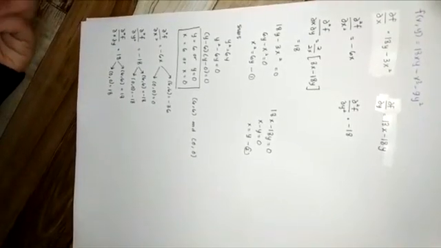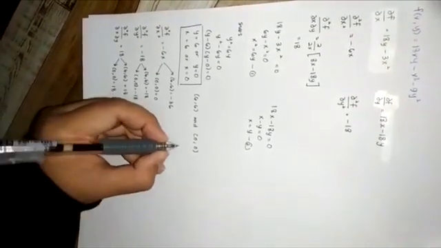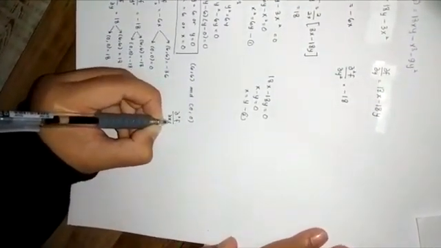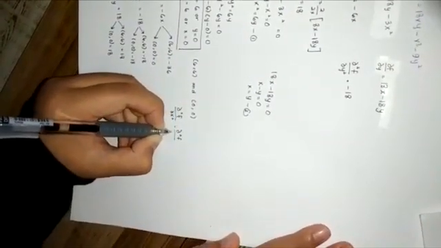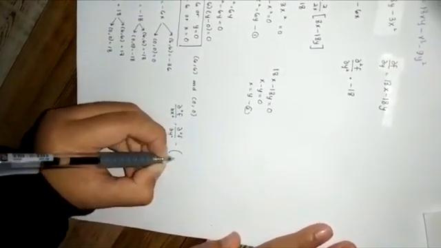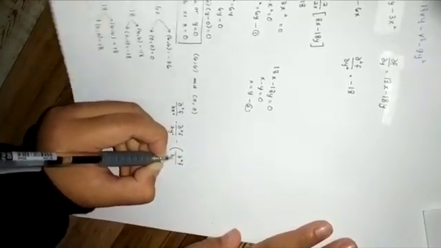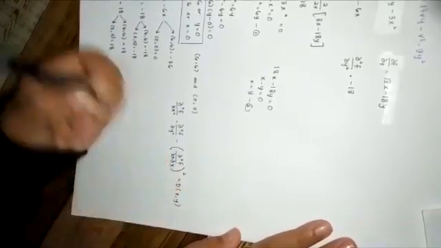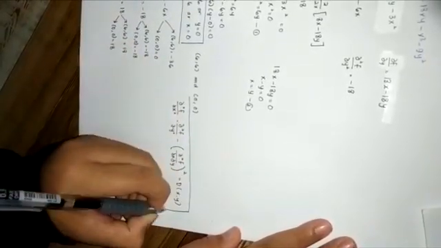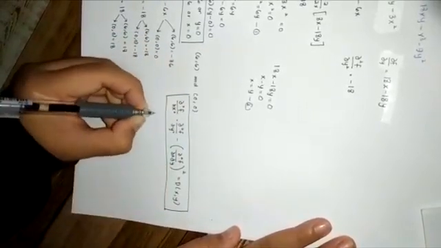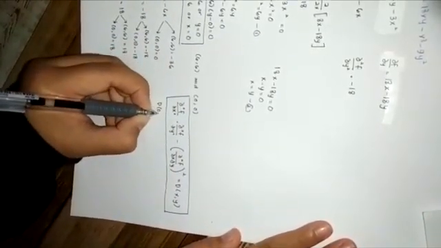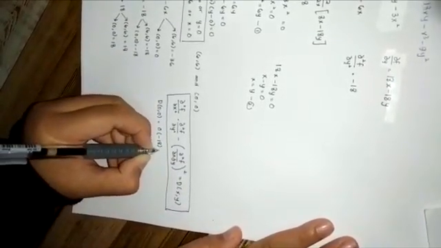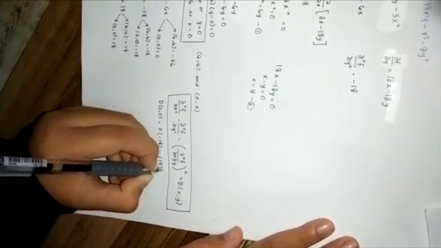To find the local extremum, we need to find the discriminant for each coordinate by using this formula. Substitute the values into the formula.